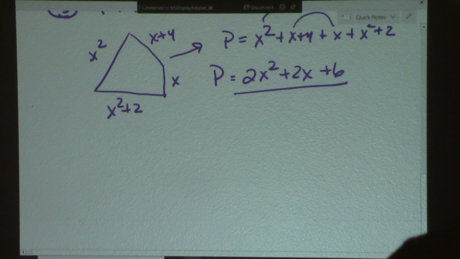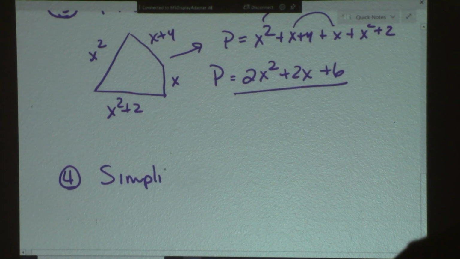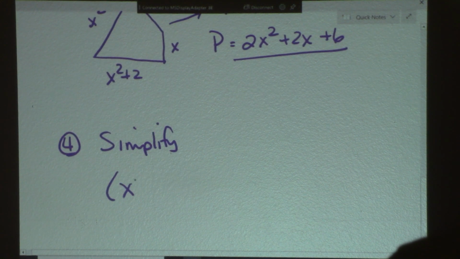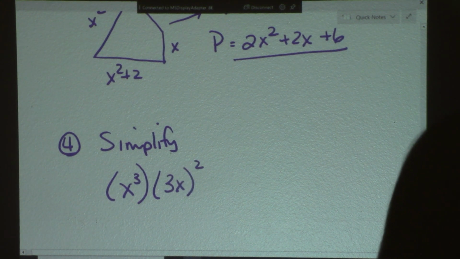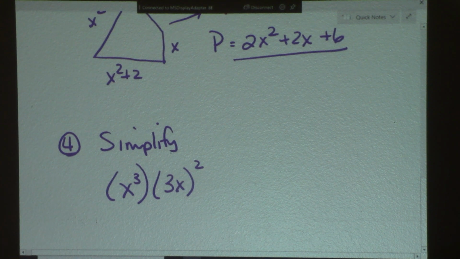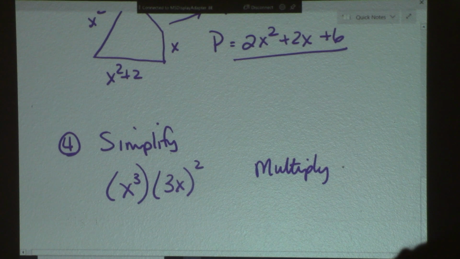Okay, let's go on to number 4. Simplify. And now we're going to talk about powers. We did this some in chapter 4, I would believe, but we're taking it to the next level. So, when I multiply, what do I do with my powers? When I'm multiplying terms, I add powers.